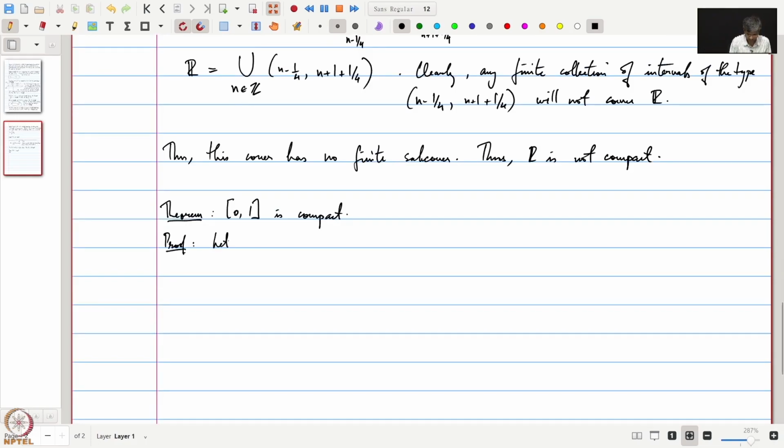So suppose we are given an open cover, let's write {U_i} be an open cover. Our aim is to find a finite subcover of this. So we need to show that this has a finite subcover.